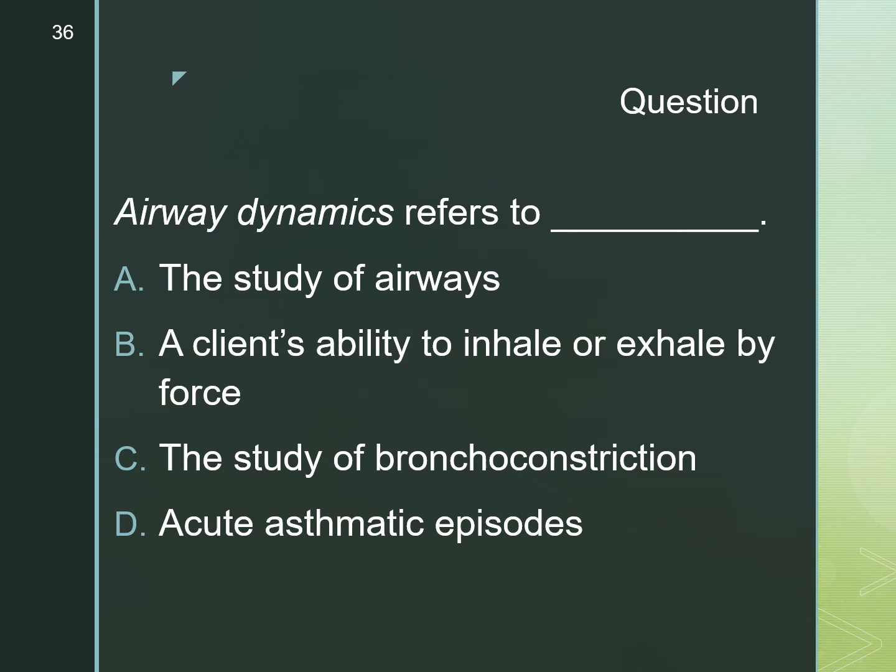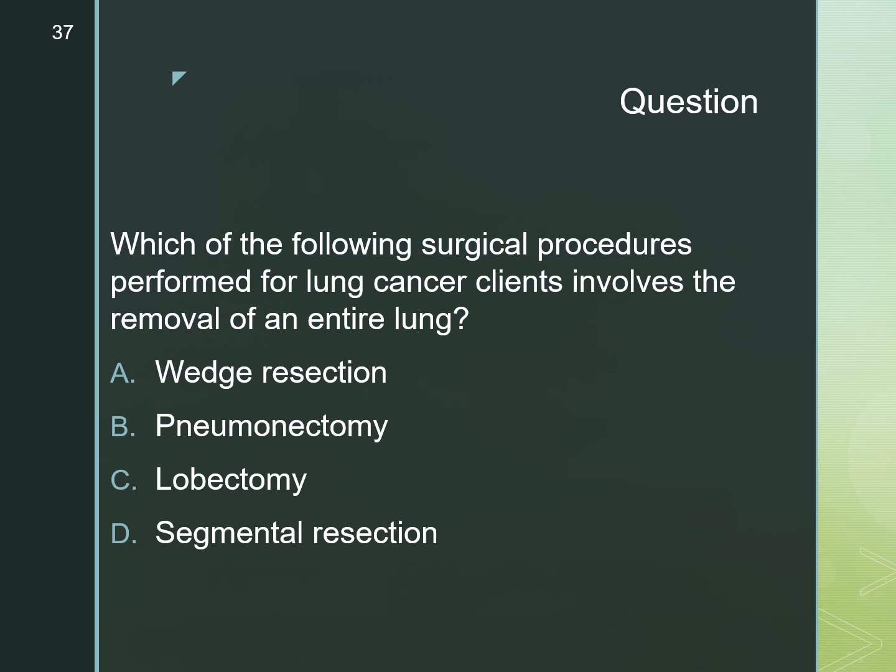Airway dynamics refers to B, a client's ability to inhale or exhale by force. Which of the following surgical procedures performed for lung cancer clients involves the removal of an entire lung?